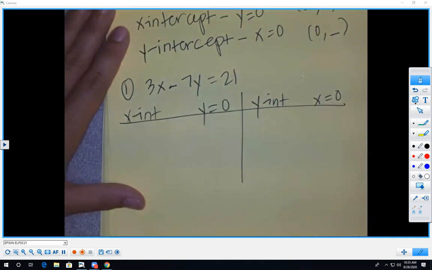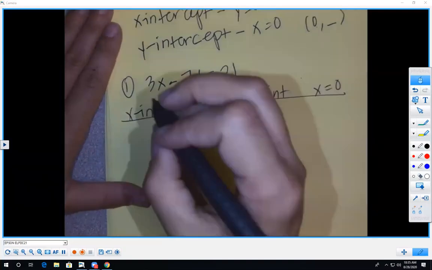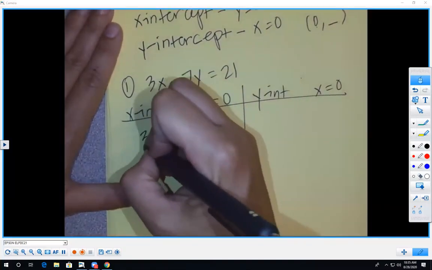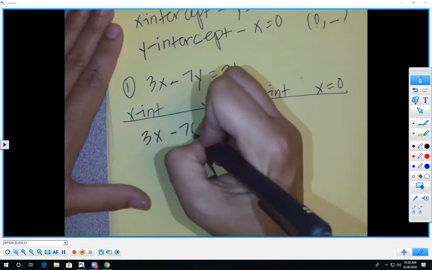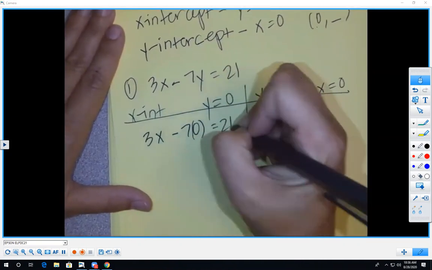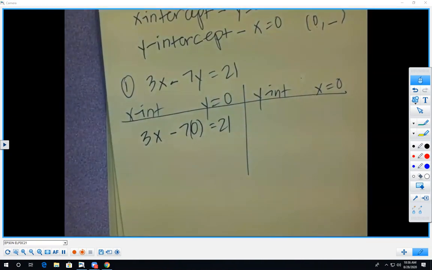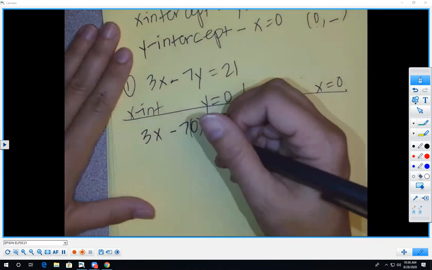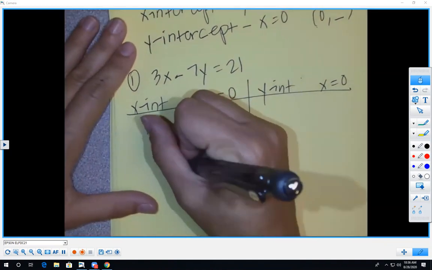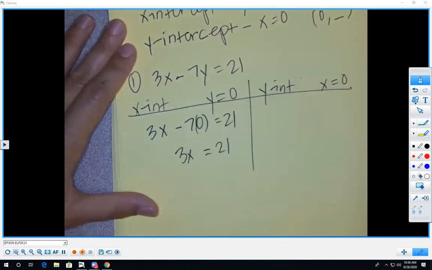So I have to do this problem twice. So to find the x-intercept, it's going to be 3x minus 7 times 0 equals 21. Seven times 0 is 0, and 3x minus 0 is just 3x equals 21.